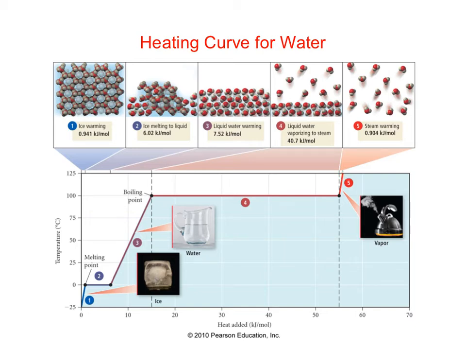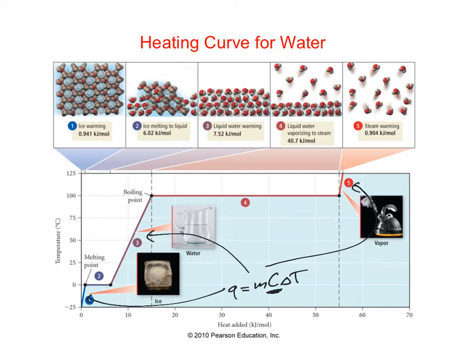If we wanted to calculate the total heat or the enthalpy for this entire process, it would involve a number of steps. For temperature changes, we would use Q is equal to MC delta T. Each of the parts of the curve where I'm just changing the temperature, we would use Q is equal to MC delta T. But we have to be careful because the heat capacities of ice, liquid water, and water vapor are not the same.